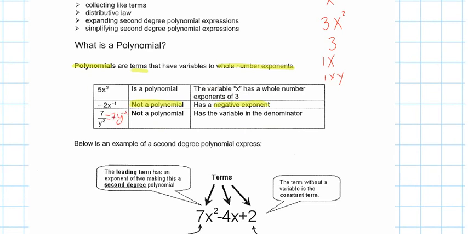We can write it like this, or we can bring it down to the denominator and it becomes y to the power of 2. So that's also why this is not a polynomial, because technically, even if I don't look at this, your variable is in the denominator, okay? So it's not a polynomial. The variable has to be in the numerator, and it has to have a positive exponent, and it has to be a whole number, okay?